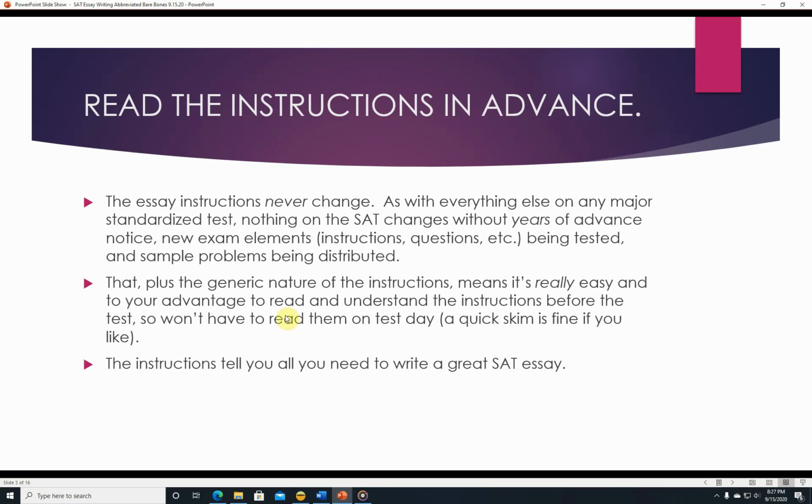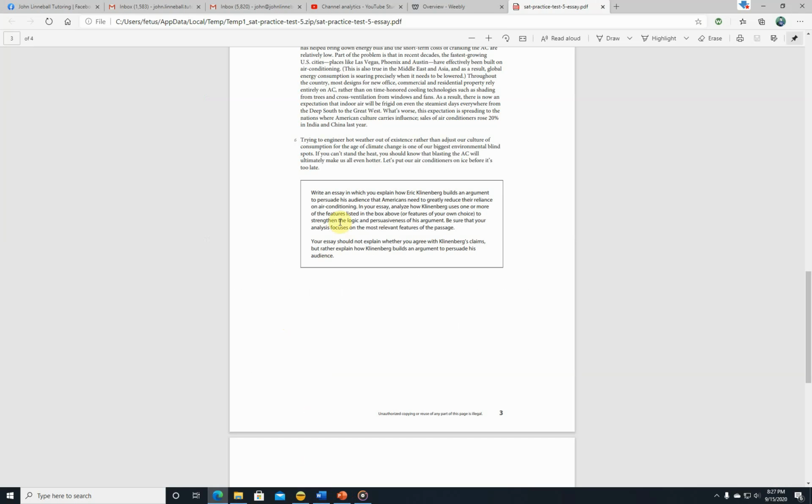So those instructions really tell you everything. For example, as we saw here, the point is that Americans need to greatly reduce their reliance on air conditioning. That's right there. They will always, always, always tell you what the author's point was in case you can't figure it out from reading it.